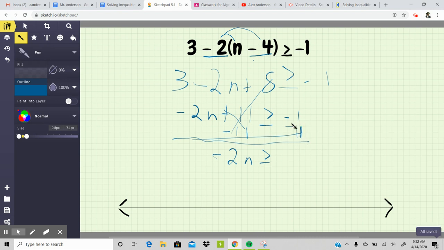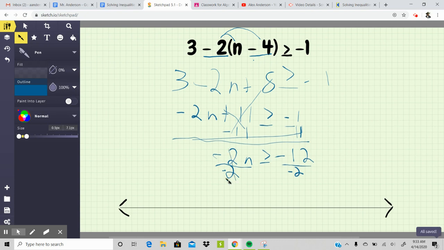So -1 minus 11 is -12. And I'm almost done. All right, now to solve for n, I have to divide by -2 on both sides, divide by -2.